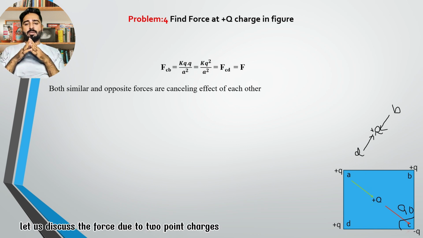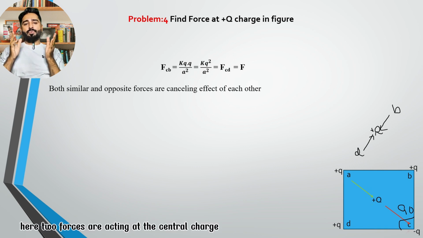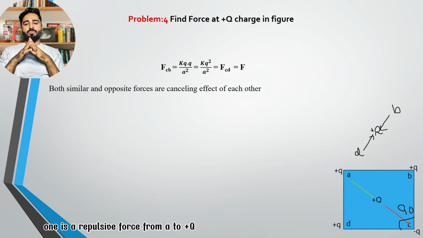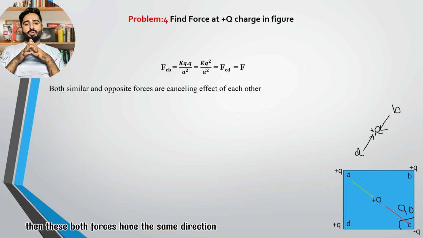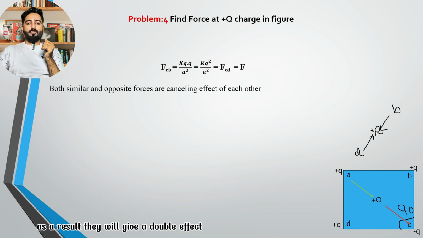Now let us discuss the force due to 2 point charges at A and C. Here, two forces are acting at the central charge. One is a repulsive force from A to plus Q, and the other is an attractive force from Q to minus Q. Then these both forces have the same direction. As a result, they will give a double effect.